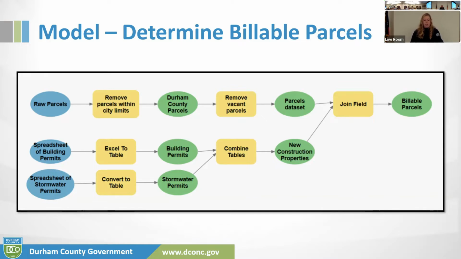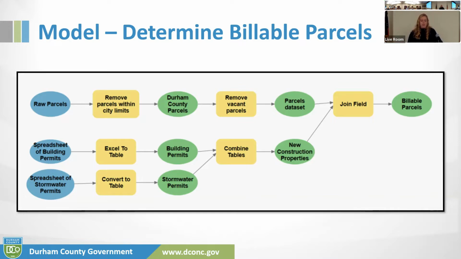So in this model, we start with the raw parcels. First, it removes all parcels that belong to another jurisdiction. We also go ahead and remove vacant parcels, which for us is included in our tax data, and I think many parcel data sets reflect that as well.